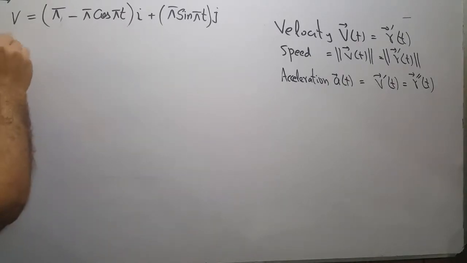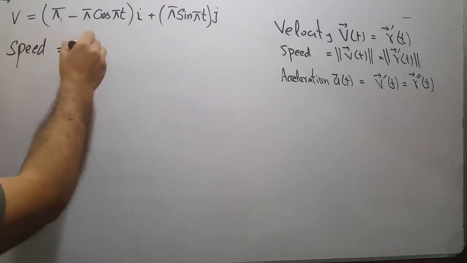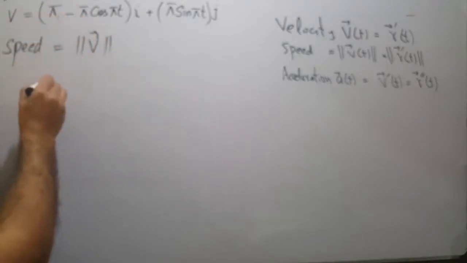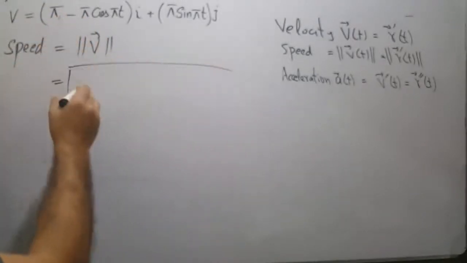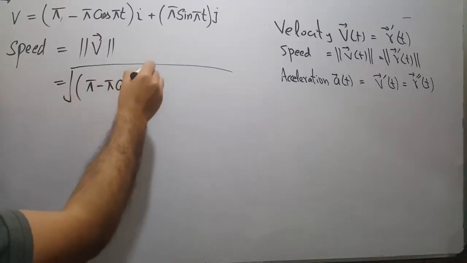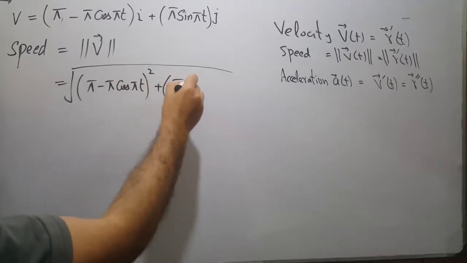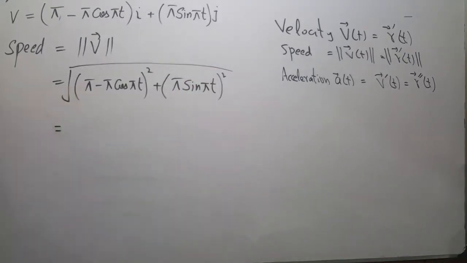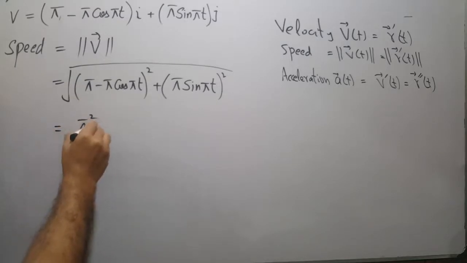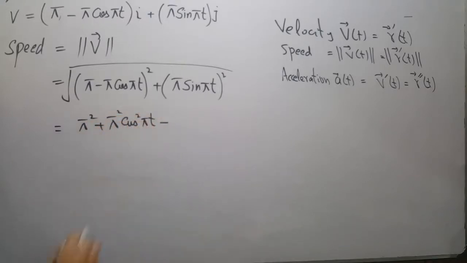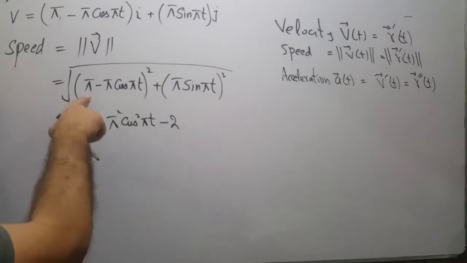And the final value is speed, which is the magnitude of velocity, and we have the velocity, so just find out its magnitude, which would be the square root of the square of each component added up. So you can use the formula a minus b whole square. So that would be pi square plus pi square cos square pi t minus 2 times first and second.